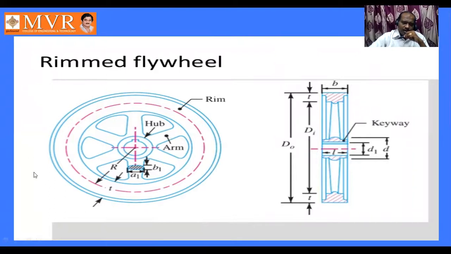This is going to be called the rim, with thickness and breadth also present here. Parameters are A1, B1. All these are represented in the side view. B is the breadth. Outside diameter is there, inside diameter is there. Here the keyway is there. D1 is equal to D.